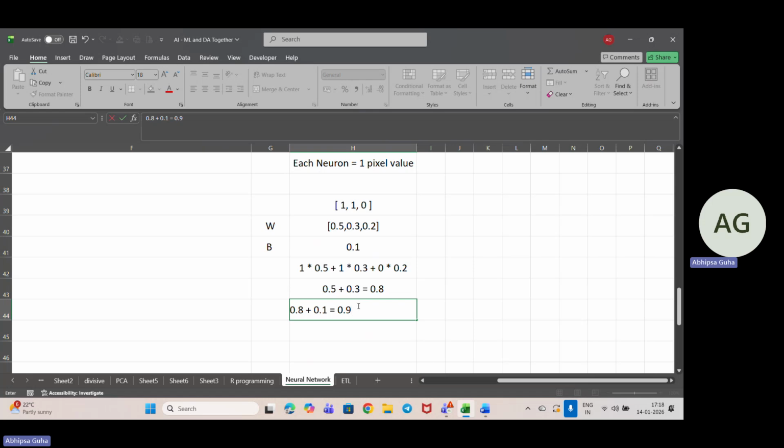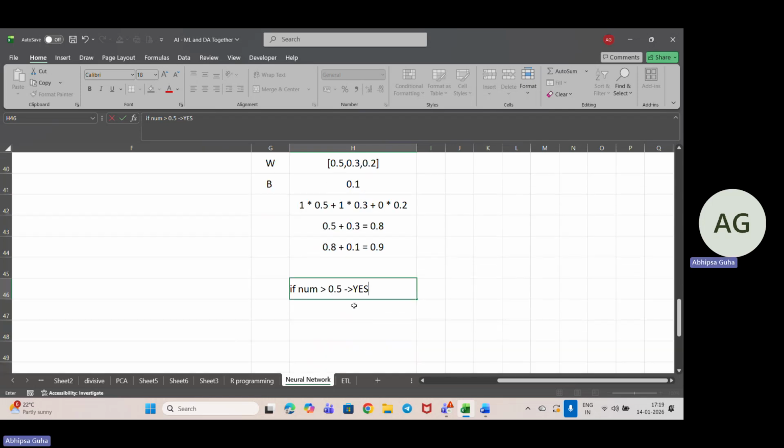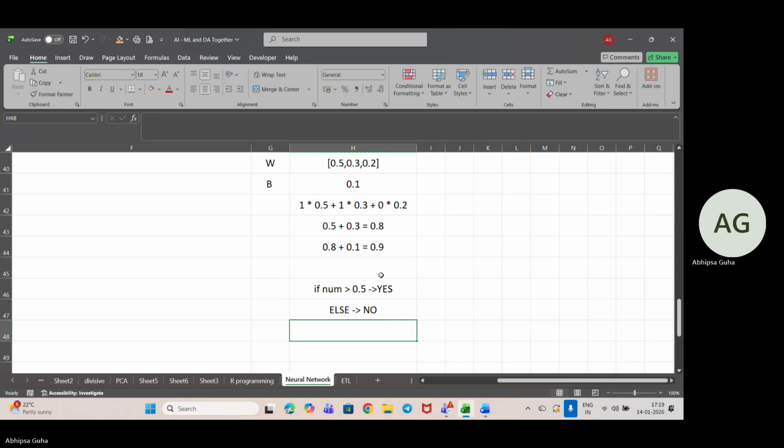Now coming down to the activation function, that is the main decision maker. So the activation function asks, is this number important enough? That is what it asks, right? So basically how it will take, if the number is greater than, suppose my threshold I am taking 0.5, then I'll get yes, else no. Okay.